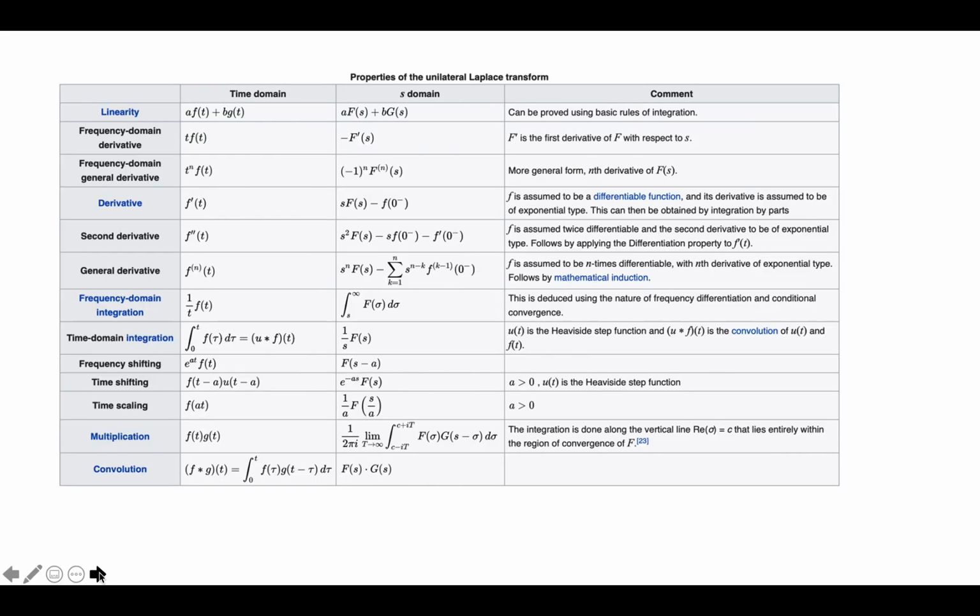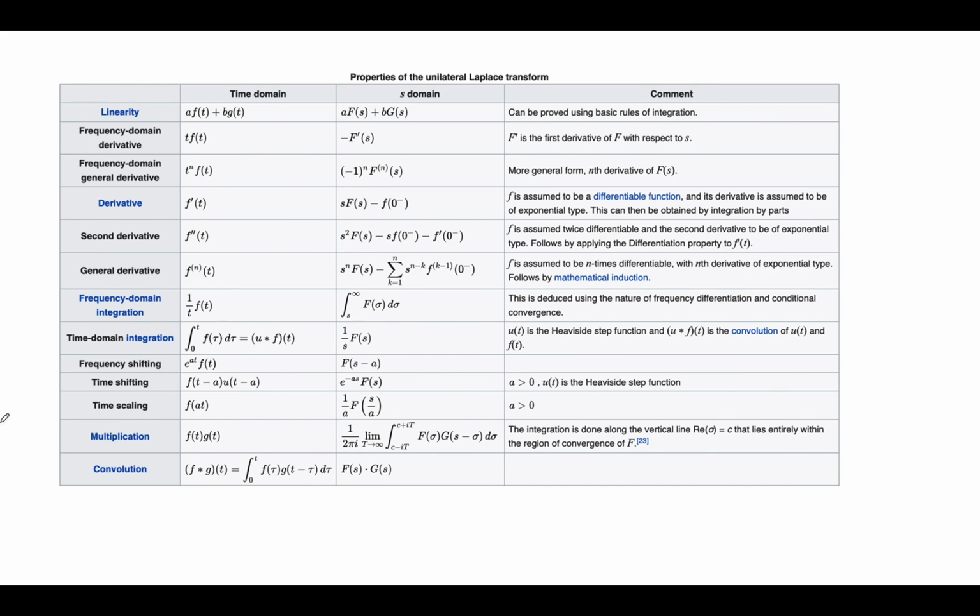Okay, the other thing that you sometimes see is properties of the unilateral Laplace transform, and unilateral is just another term for single-sided transform. So we can see properties of the single-sided transform.